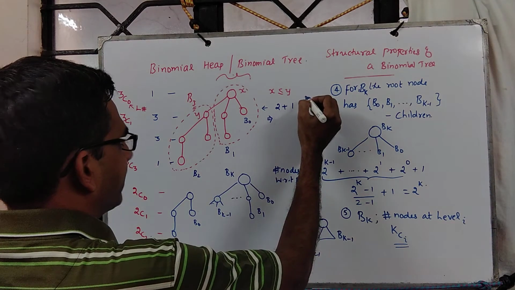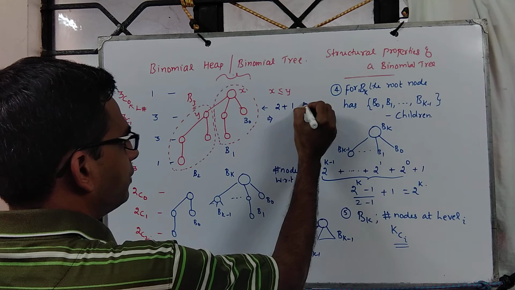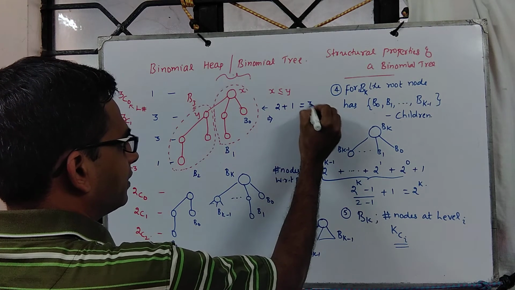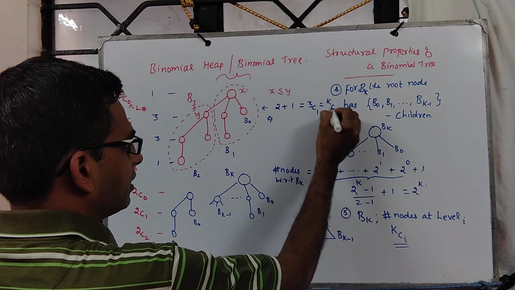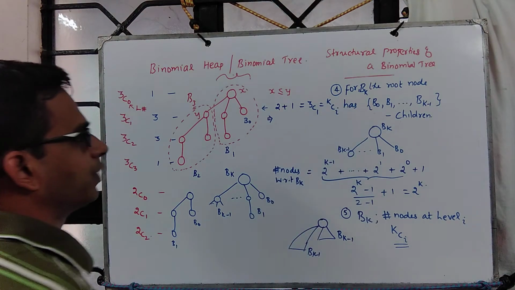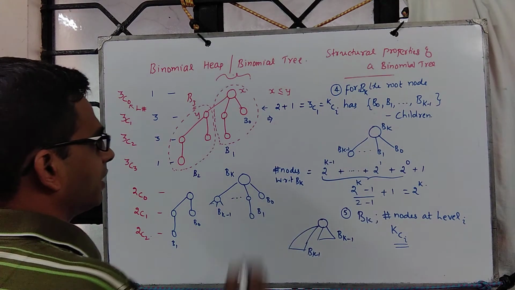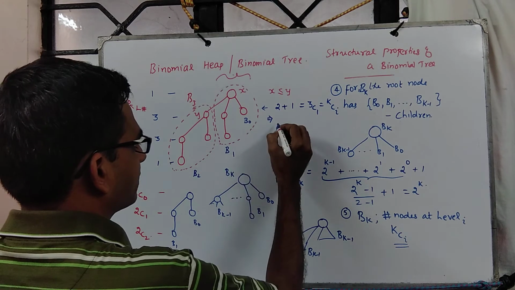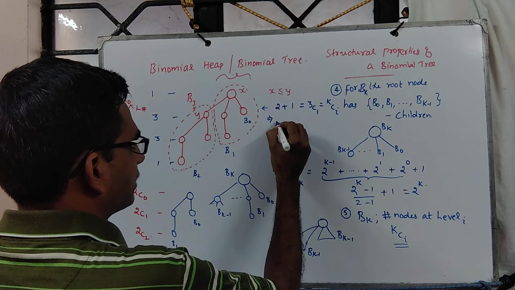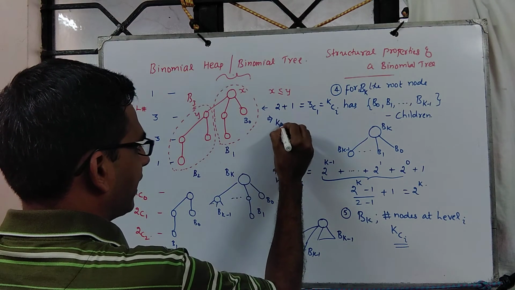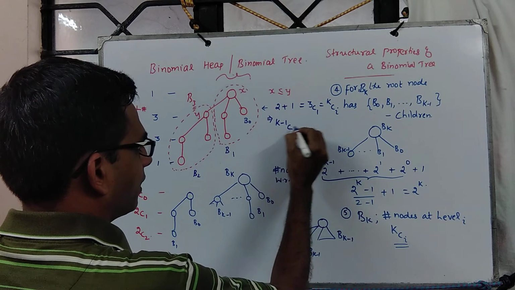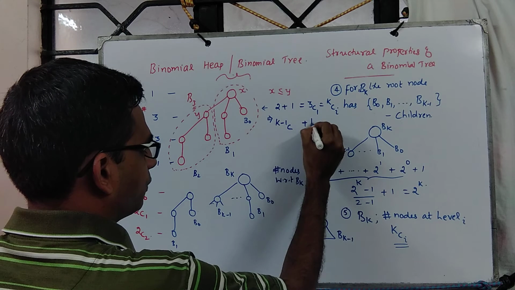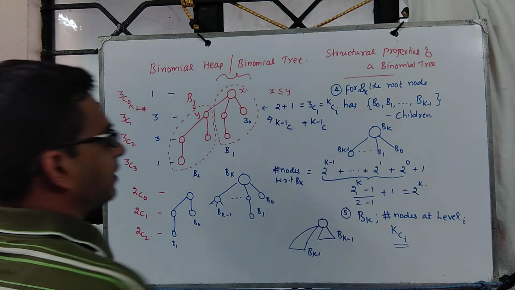So what is it that we are trying to count? We are trying to count 3 choose 1, which means K is 3 and I is 1. This you can count like this. With respect to K minus 1, there are 2 K minus 1, correct?